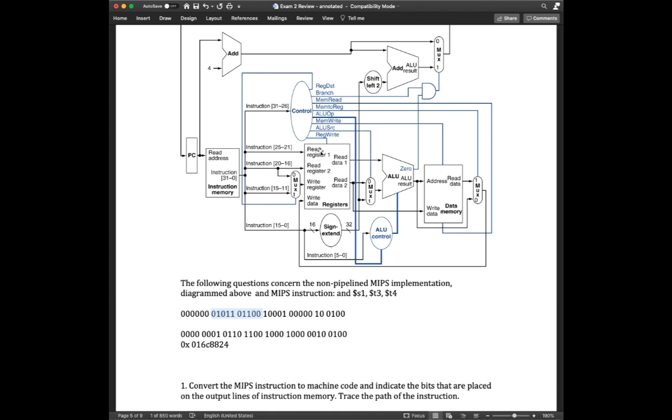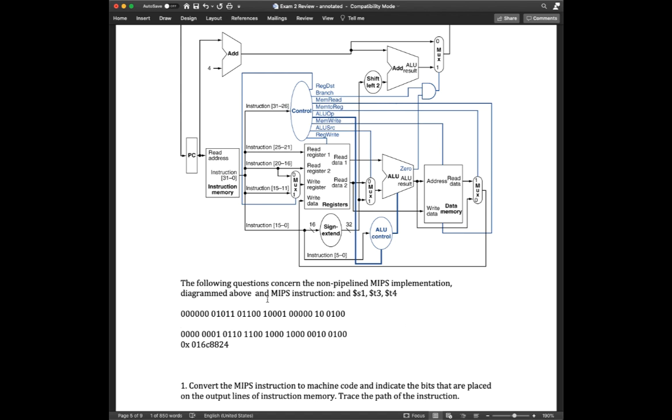This is RS, this is RT. Our RD register for an R-type instruction is going to go in here. And what happens, of course, is that those two RS and RT registers are read. They are ANDed together. The output comes here, bypasses data memory, goes through that multiplexer, and is written back to the destination register S1.